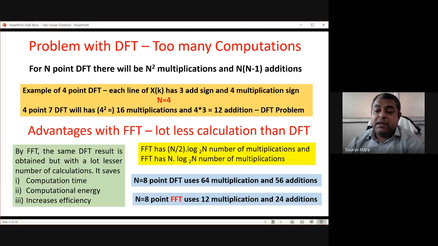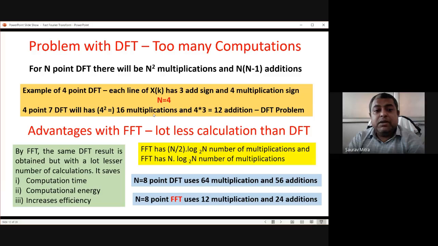You have to do FFT because it is a lot less computational, and it will save a lot of computational energy. That will save the battery power, and that battery power saving will increase the network lifetime. So all these things are interrelated.